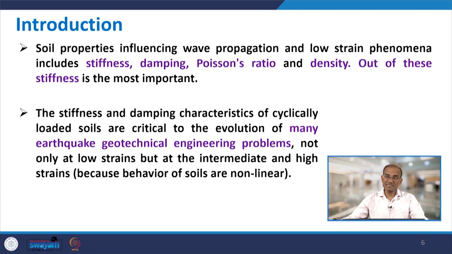Out of these, stiffness is the most important parameter. The stiffness and damping characteristics of cyclically loaded soils are critical for the evaluation of many earthquake geotechnical engineering problems. However, not only at low strain, but at intermediate and high strains also the behavior of the soil is required to be determined, which we will do later.